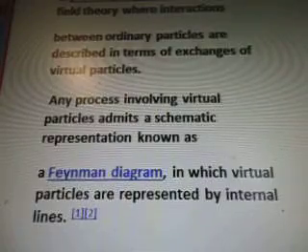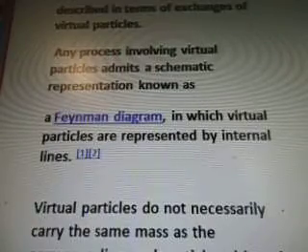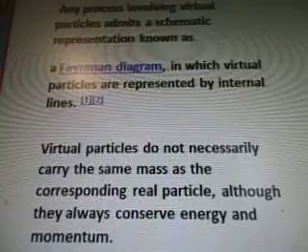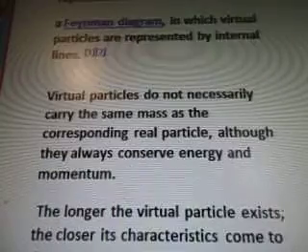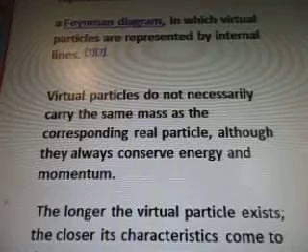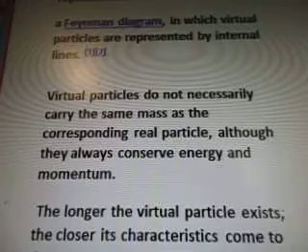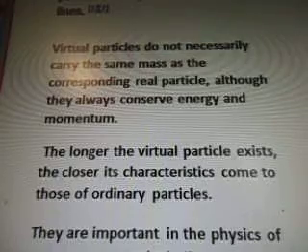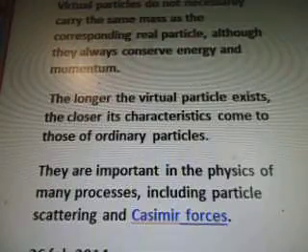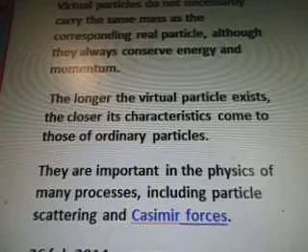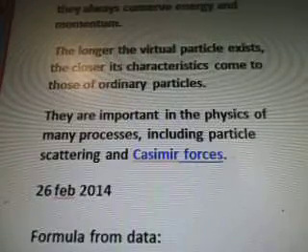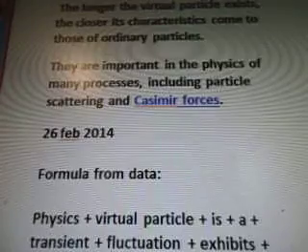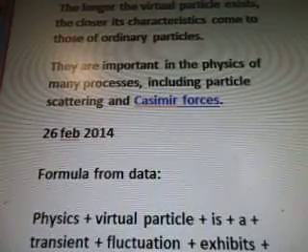Any process involving virtual particles admits a schematic representation known as a Feynman diagram, in which virtual particles are represented by internal lines. Virtual particles do not necessarily carry the same mass as the corresponding real particle, although they always conserve energy and momentum. The longer the virtual particle exists, the closer its characteristics come to those of ordinary particles. They are important in the physics of many processes, including particle scattering and Casimir forces.